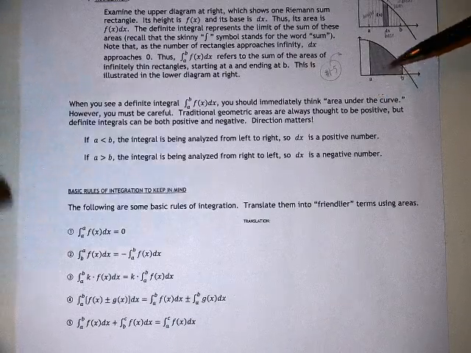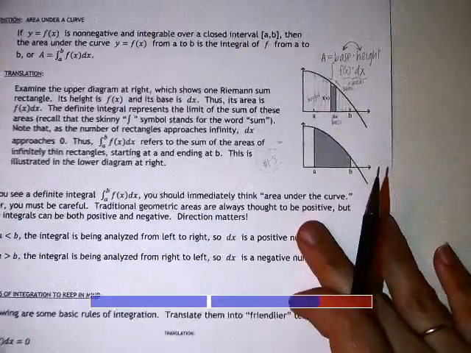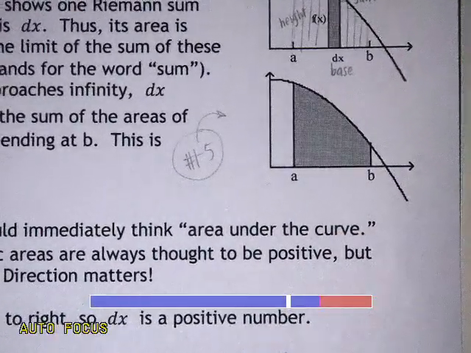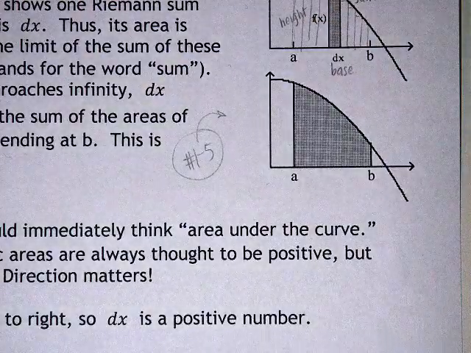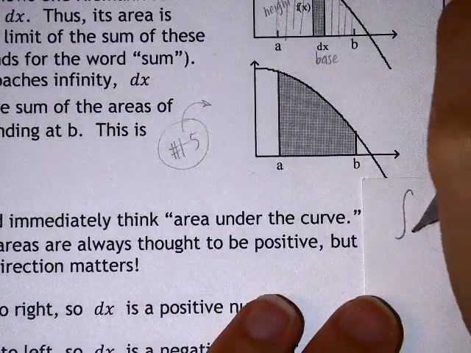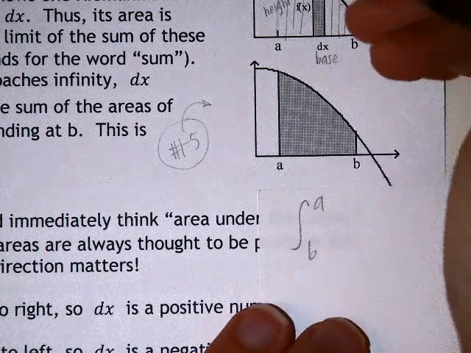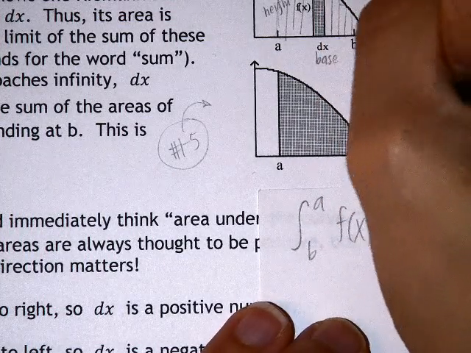It is possible to have a negative area. For example, one such negative interpretation would be if you had an integral, and you can just think of this symbolically for now, from b to a of this region that we'll call f of x dx.